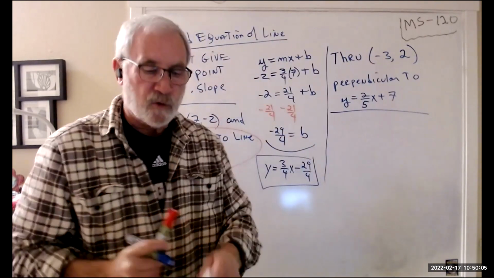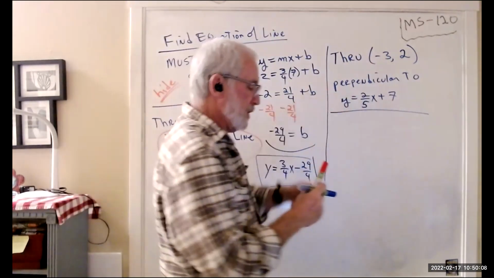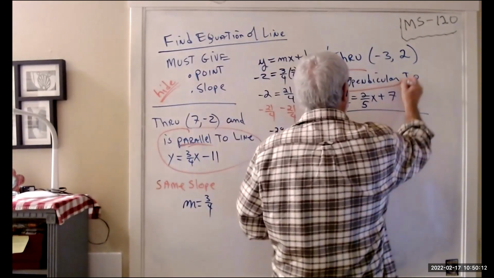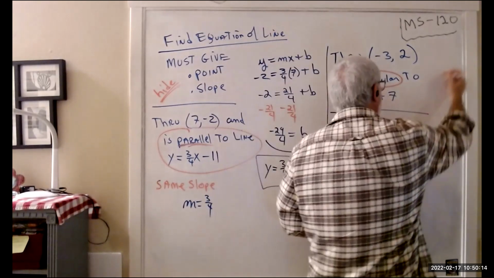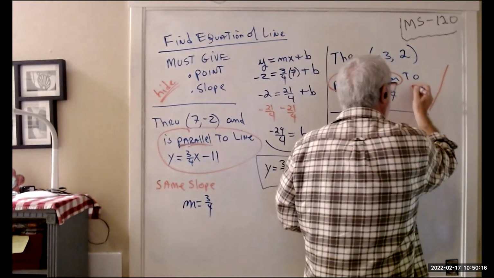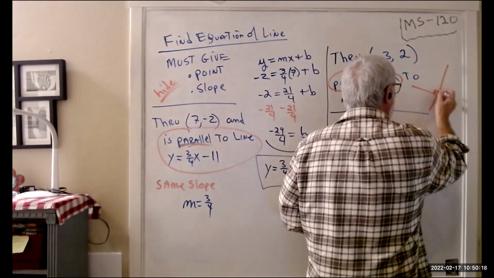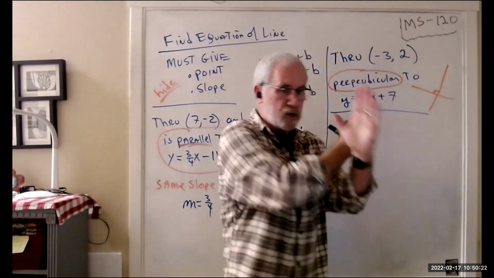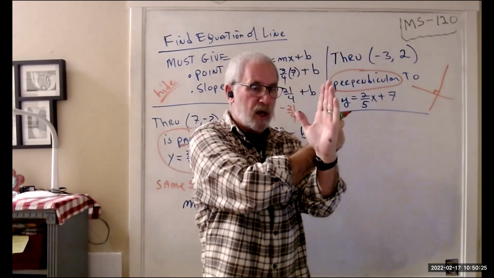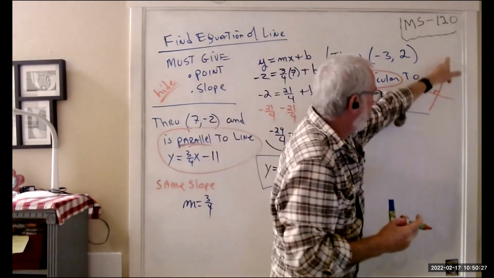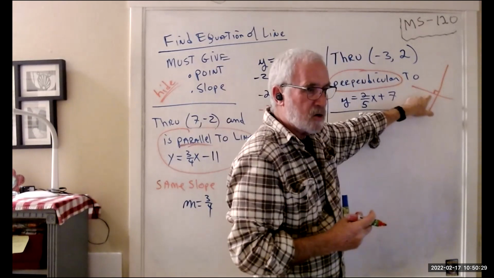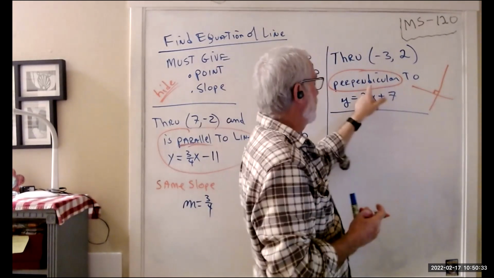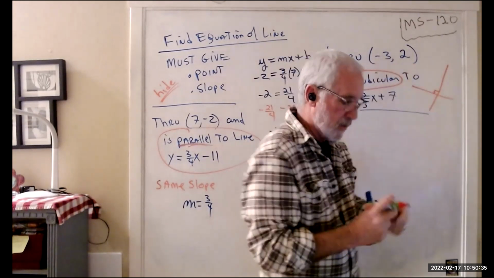First off, the word perpendicular here means the lines cross at right angles to each other. When the two lines cross, they make a 90-degree angle, a right angle. That's what the word perpendicular means: cross at a 90-degree angle.